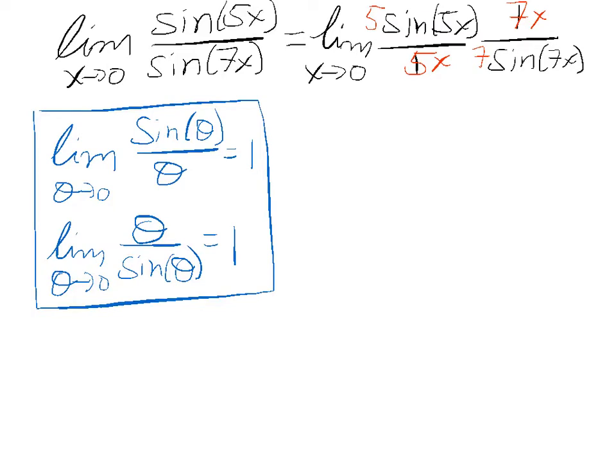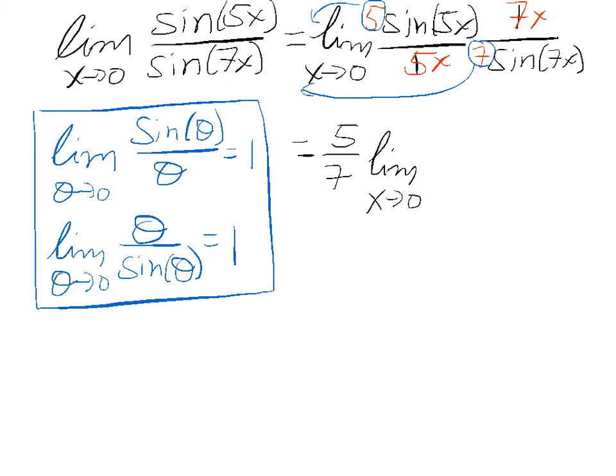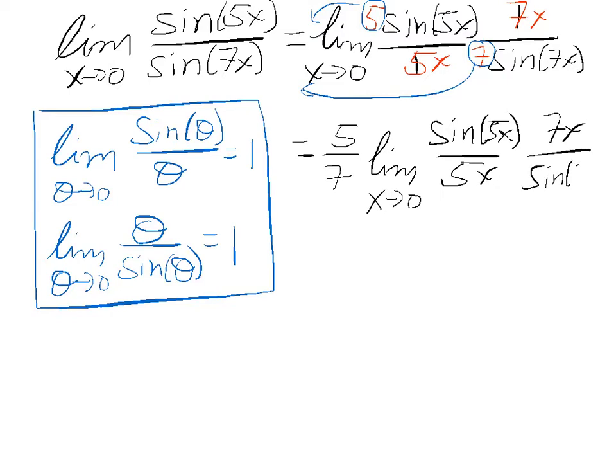So I haven't changed the value of this limit at all. Now, the 5 here and the 7 here are constants, so I'm going to factor them out of the limit. So I will get a 5/7 sitting out in front of the limit. And then I have a limit as x goes to 0 of sine 5x over 5x, and here I have a 7x over the sine of 7x.